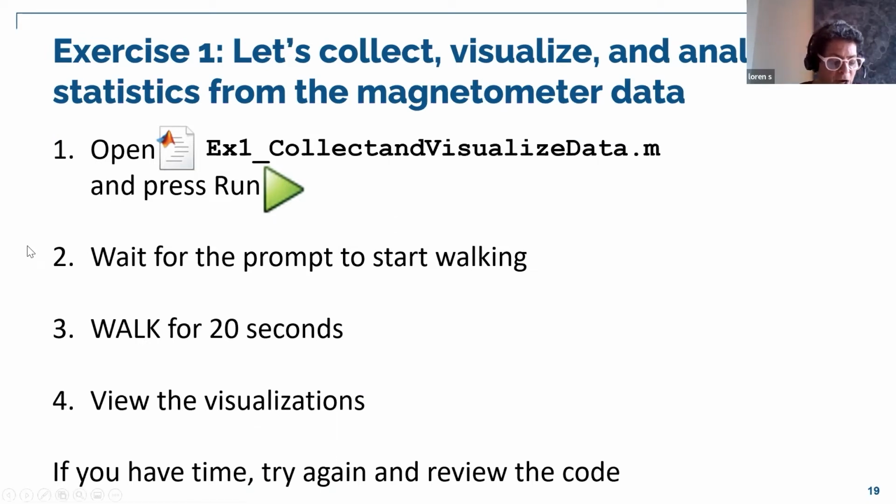Open up your MATLAB Mobile app and go to the folder that has EX1 under collect and visualize data.m. When you select that, open it up and then select the run button. When you do, it will start running and you will see a spinning wheel after a while saying that it's evaluating.